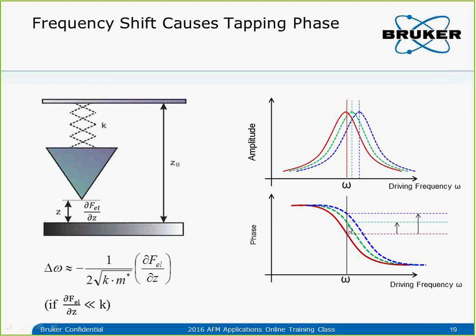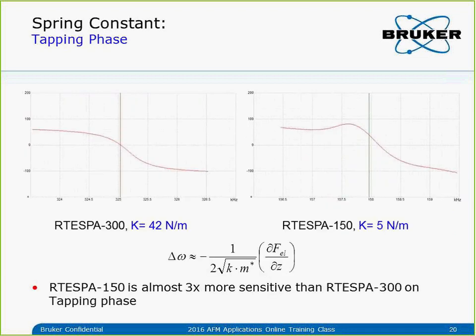And if different materials have different interaction, then it will give this contrast, right? So more frequency shift will give a better contrast in the phase. And we know a soft cantilever gives more frequency shift with the same amount of interaction force between tip and sample. Doesn't matter if it's atomic force or magnetic force or electrical force, right?